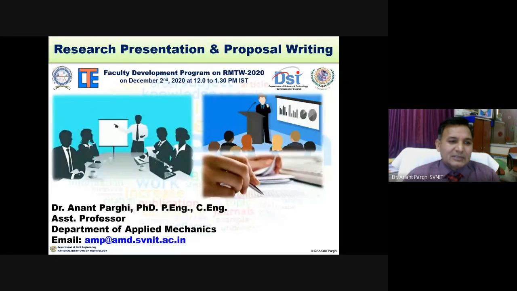Right. So the main thing here is research presentation and proposal writing. Many people are pursuing a master's study. Many people are doing the doctorate also. Even so many people are faculty with a doctorate degree also. Right. So we need to write a research proposal.